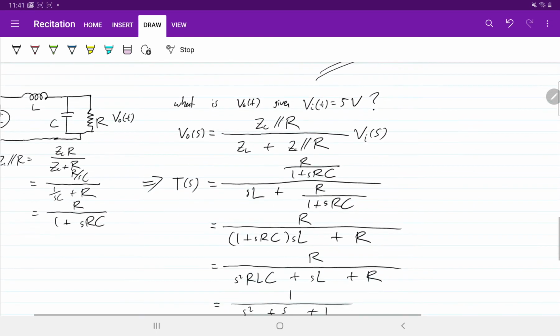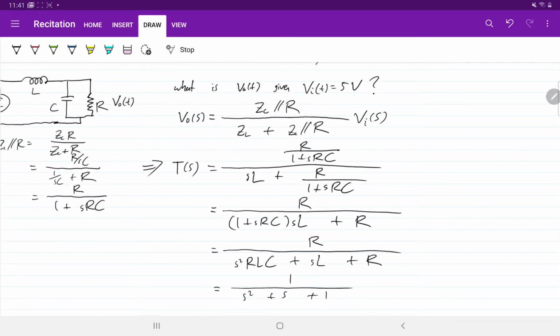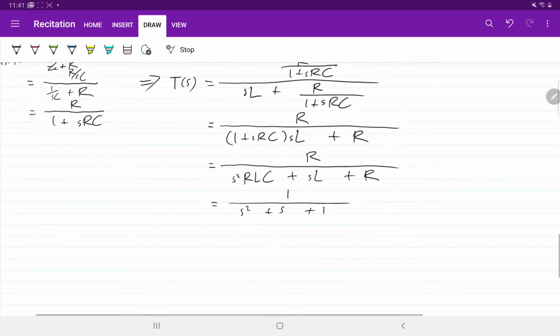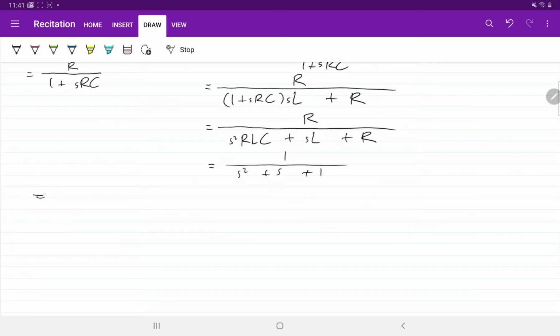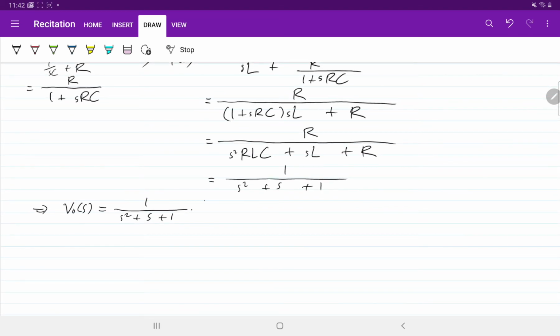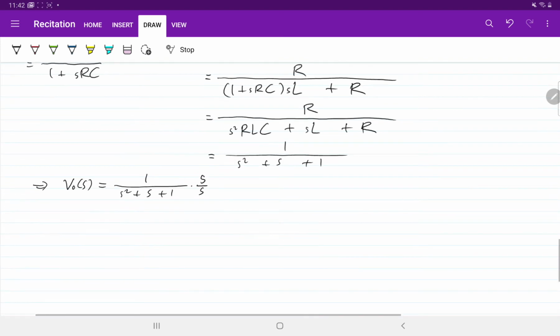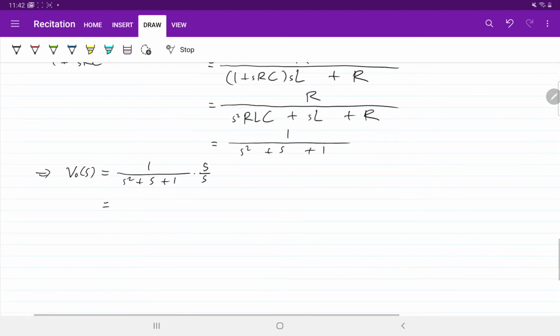Now with Vi as 5 volts, then Vi of S is 5 over S. So it gives you V0 of S is 1 over S squared plus S plus 1, and the input voltage is 5 over S. Okay, so you have 5 over S times S squared plus S plus 1.